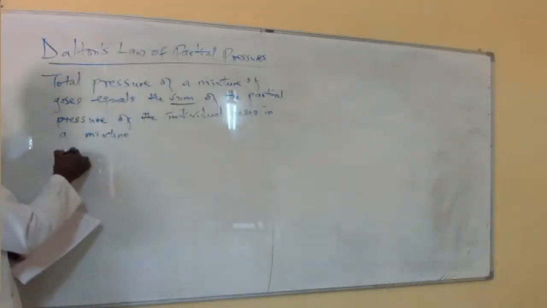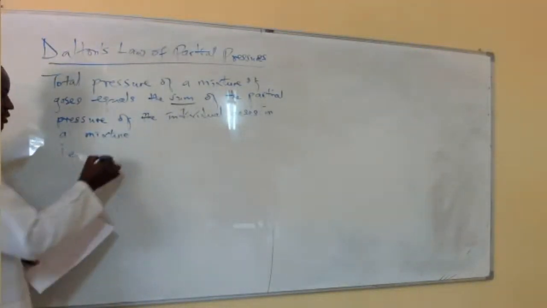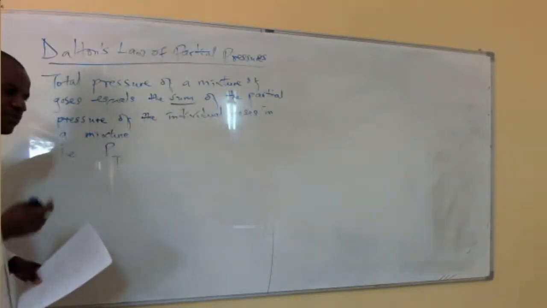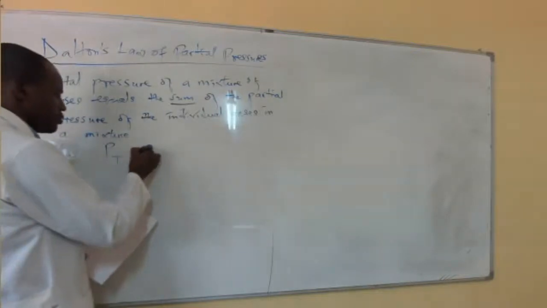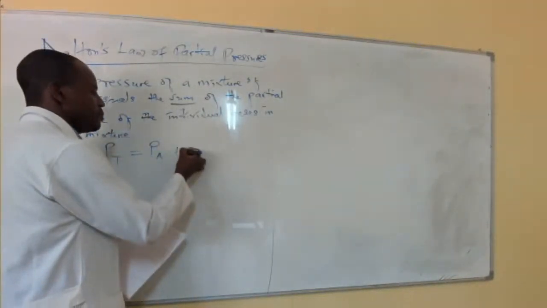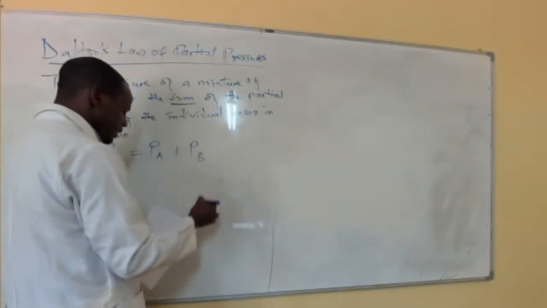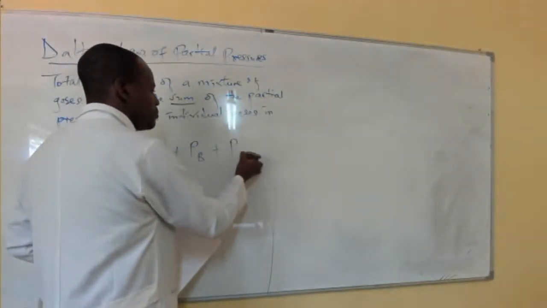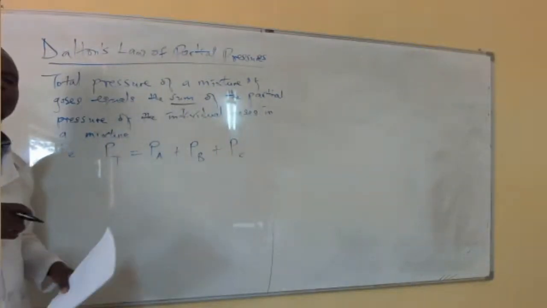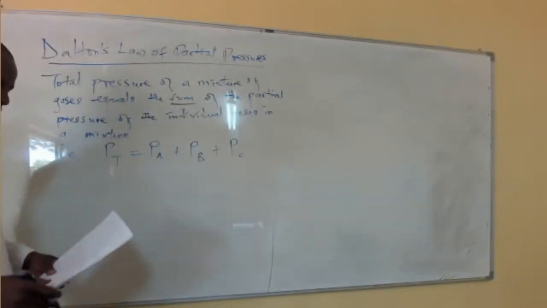Therefore, mathematically, we can say that the total pressure, abbreviated as PT, is equal to the partial pressure of gas A plus the partial pressure of gas B plus the partial pressure of gas C. This is assuming that we have 3 gases.